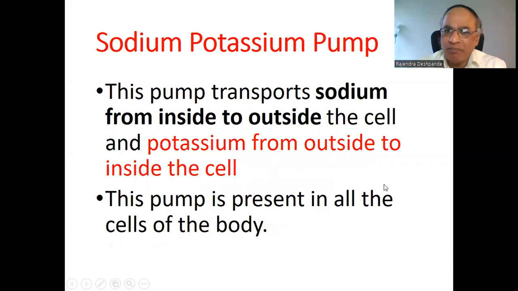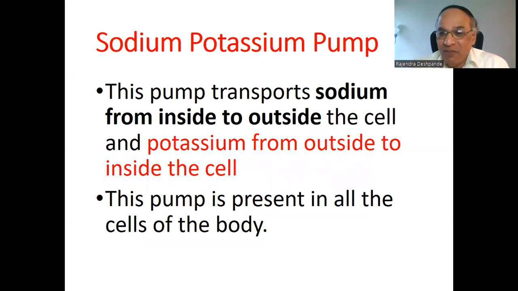This sodium potassium pump transports sodium ions from inside to outside. Carefully listen and remember: sodium from inside to outside and potassium from outside to inside. This is also for MCQ. MCQ is a new addition in the BAMS course.